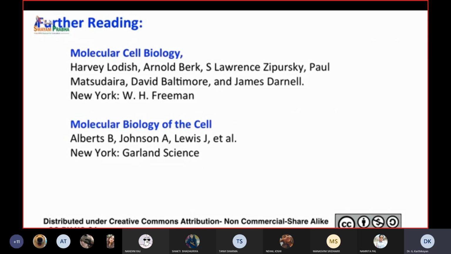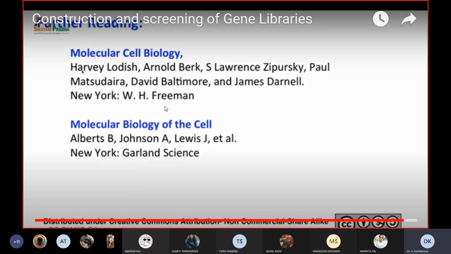So for this part of the lecture, you can refer to these 2 books, Molecular Cell Biology. All right. So these are the references. In fact, I had mailed all of you a book in the beginning, right? That book also gives lots of details on all these processes. I'm sure, if you go through it and you find any difficulty, we can discuss that in our subsequent classes.